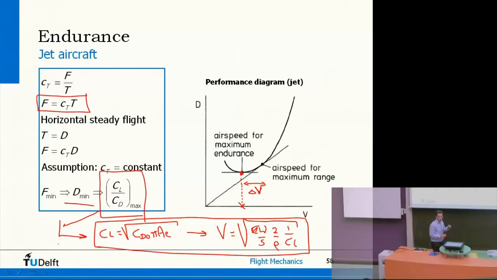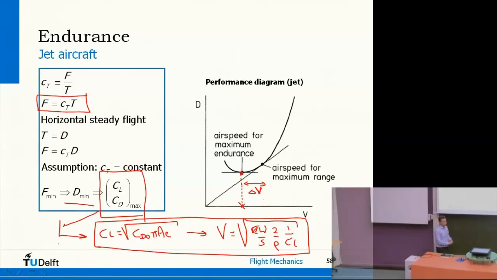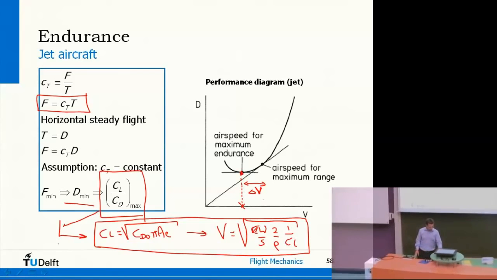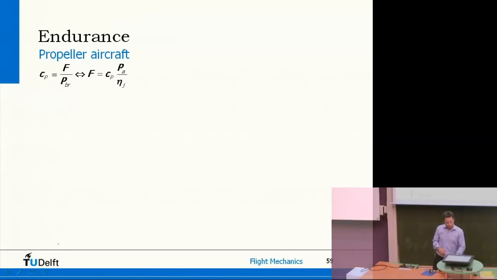I just talked about endurance of a jet aircraft, and now the final bit of equations will be about endurance of a propeller aircraft, because these are the two different types of aircraft that we always consider, right? So for propeller aircraft, it's more or less the same story.